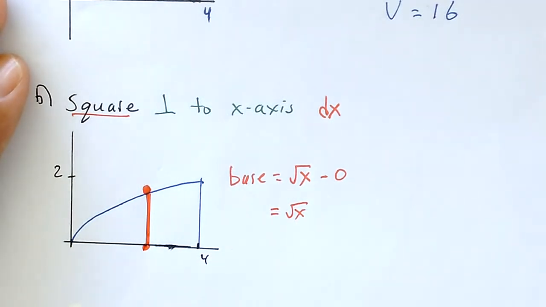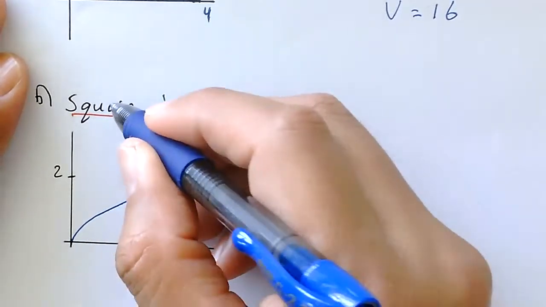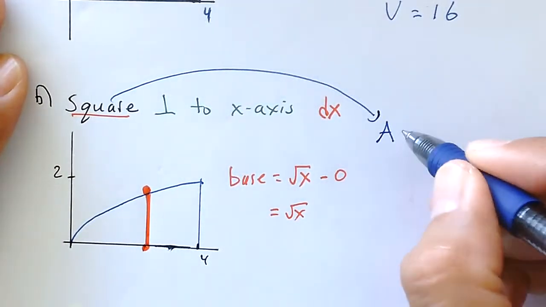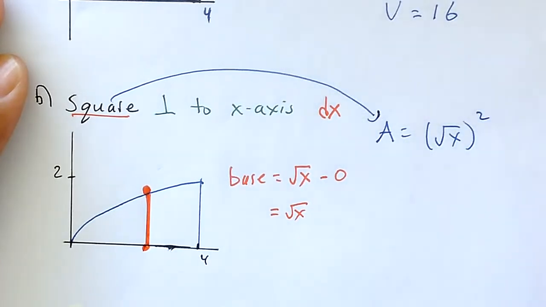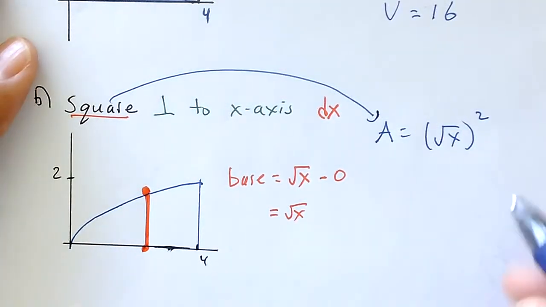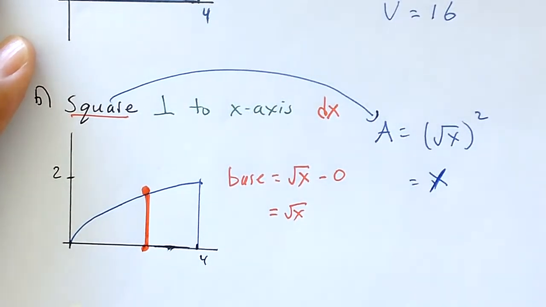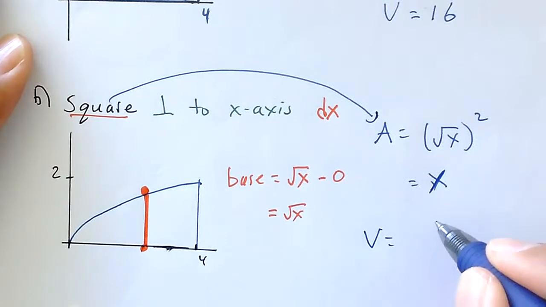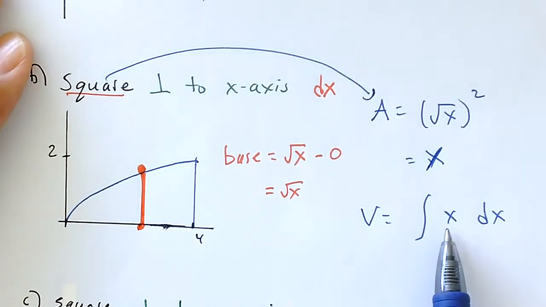And these are squares, and because it is a square, the area is the base to the second power. And so that area is simply x. And the volume is equal to the integral of the area, dx.